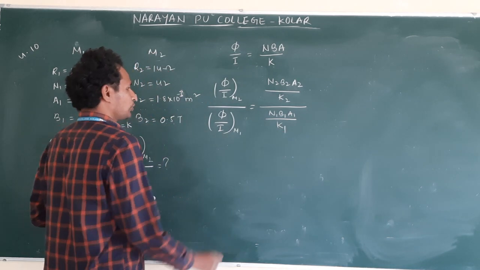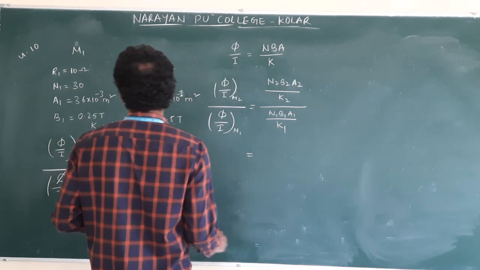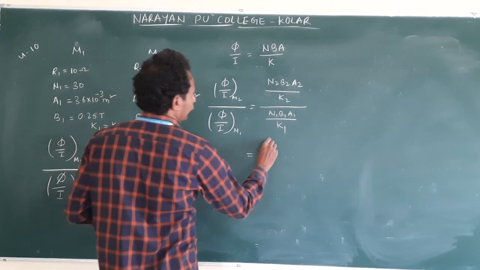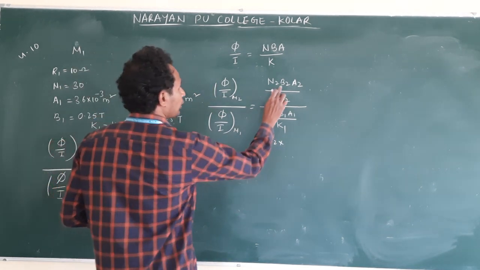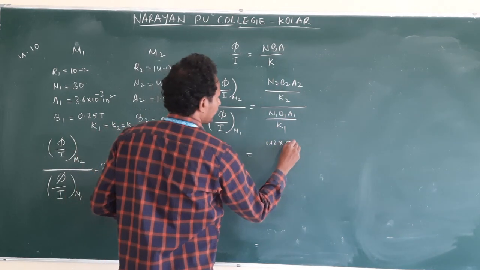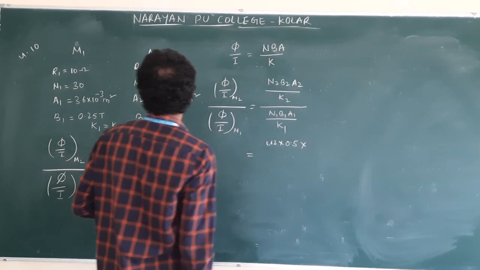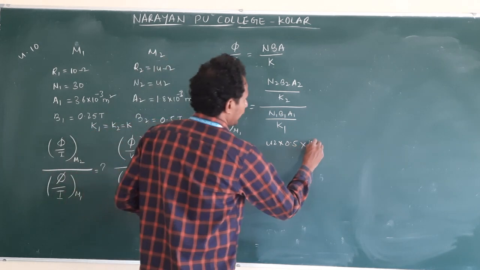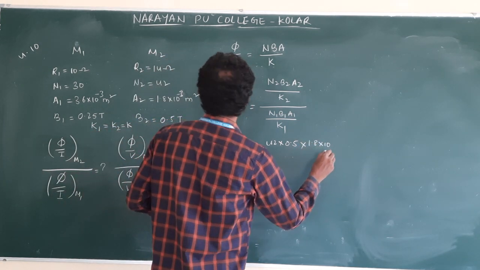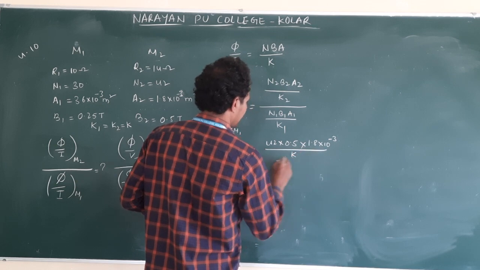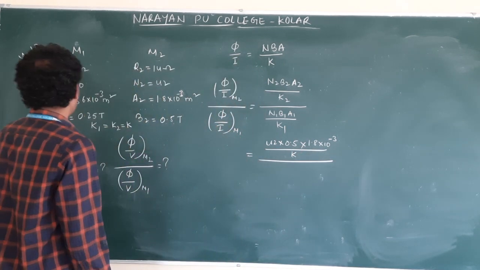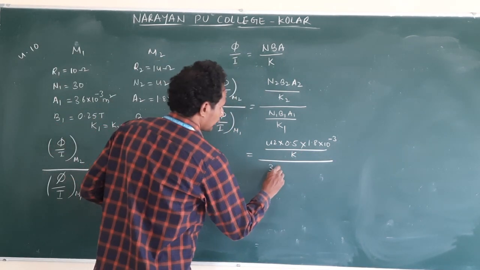Now we will substitute the values. N2, how much? 42. B2, 0.5. Next A2, 1.8 into 10 power minus 3 by K. Total by N1, 30.